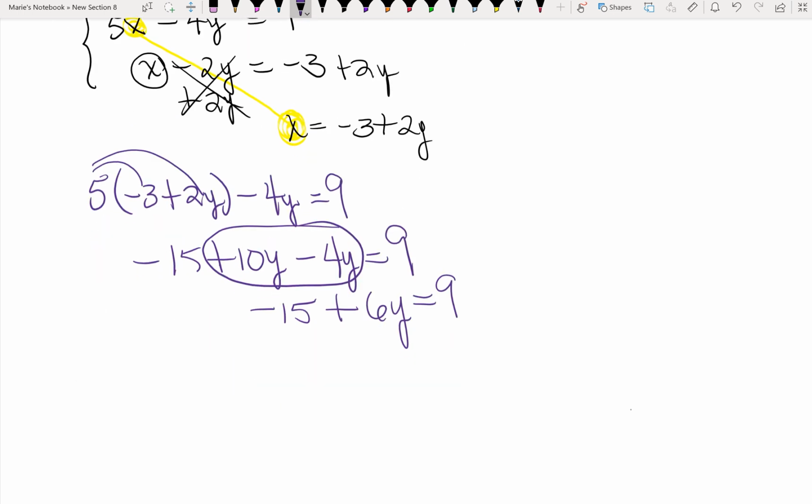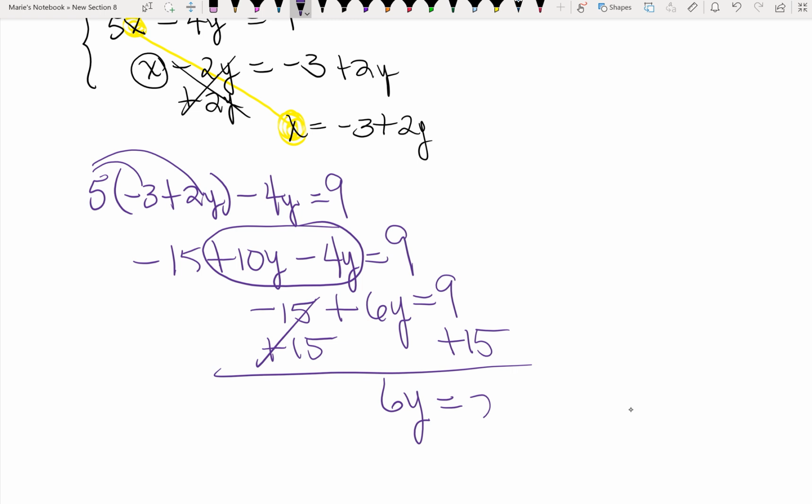I'm going to add 15 to both sides of the equation. So it'll cancel on this side, leaving me 6y is equal to 24. And therefore, y is equal to 4.